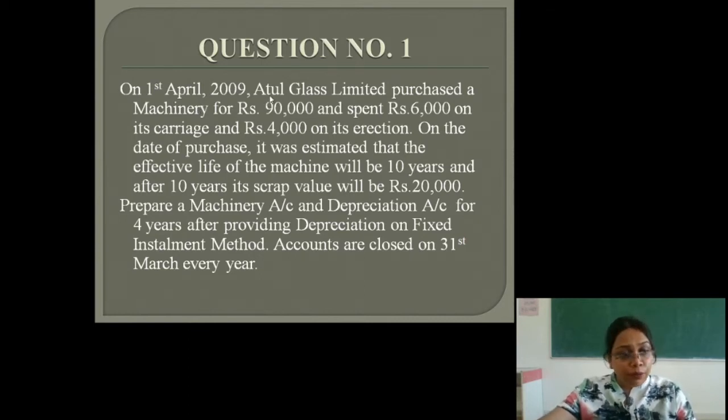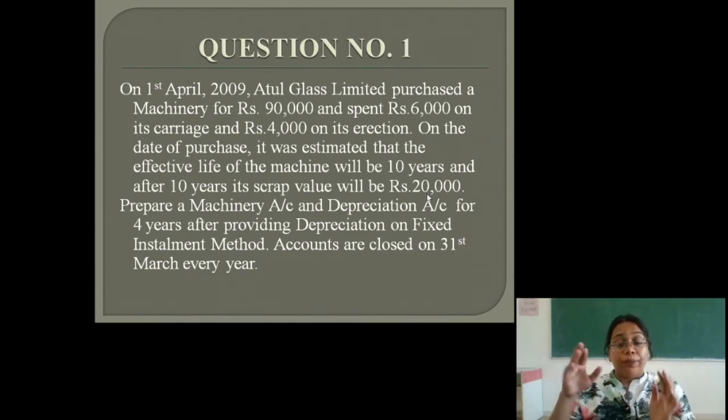We have the original cost, the scrap value, and the estimated life of that asset, so we can put these values in the formula and calculate the amount of depreciation.